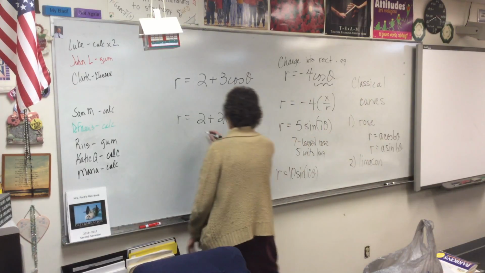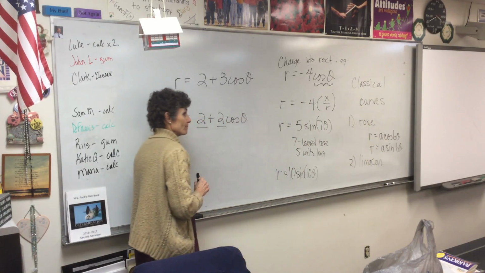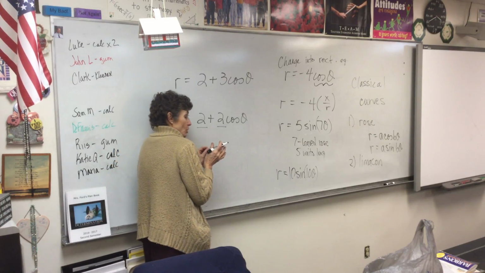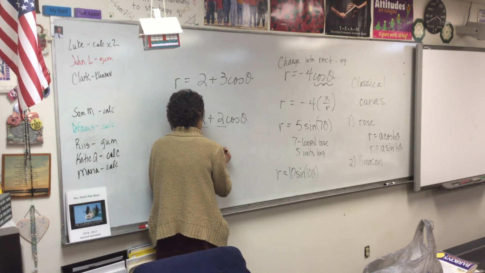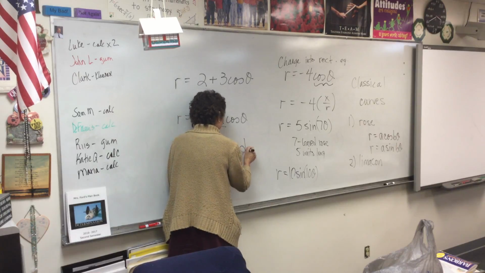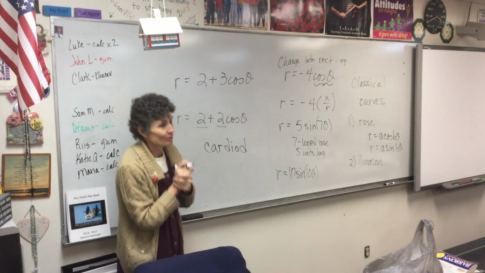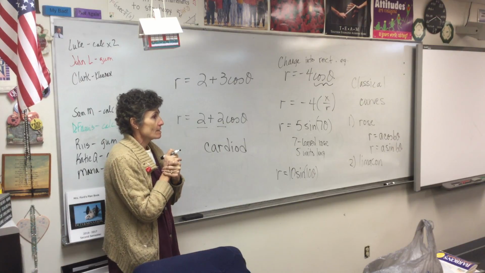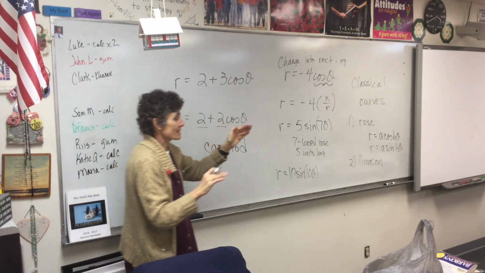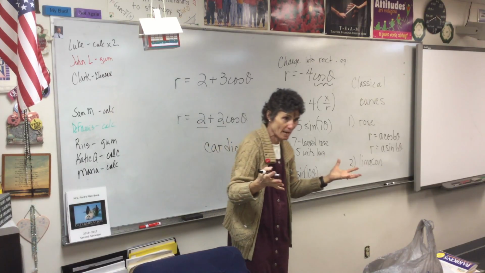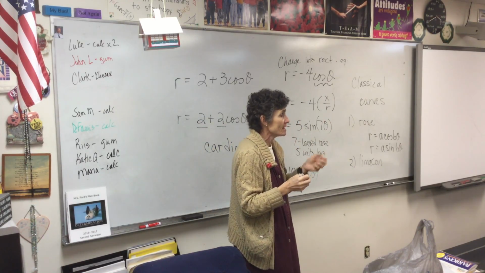Because these two numbers match, it's still a limaçon, but it's a special limaçon called a cardioid because it looks like a heart. So limaçons are this big group of dented in circles, peach shapes, lima bean shapes.